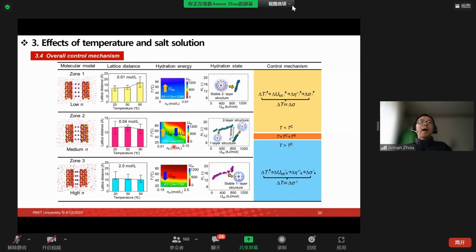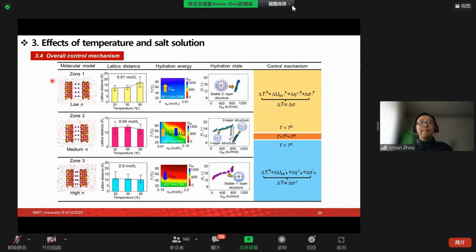We further performed more fundamental analysis using molecular simulation, such as hydration energy analysis and hydration state analysis. Based on this analysis, we can reveal the overall control mechanism of temperature and salt solution on the swelling of montmorillonite.